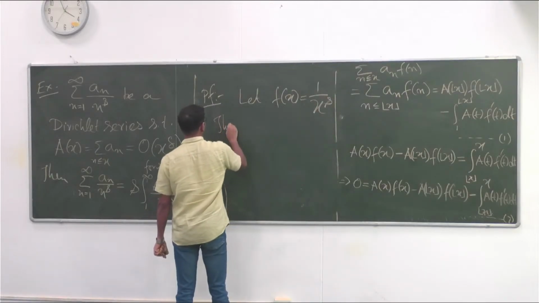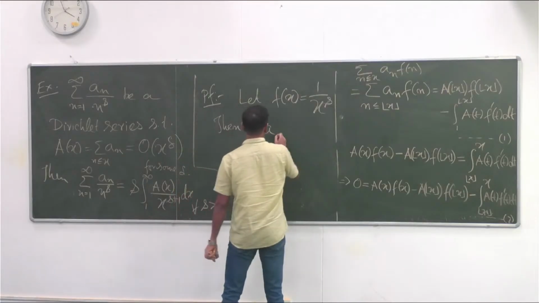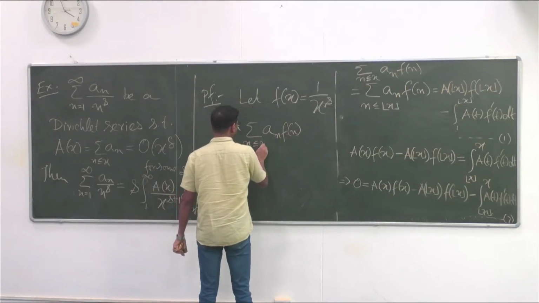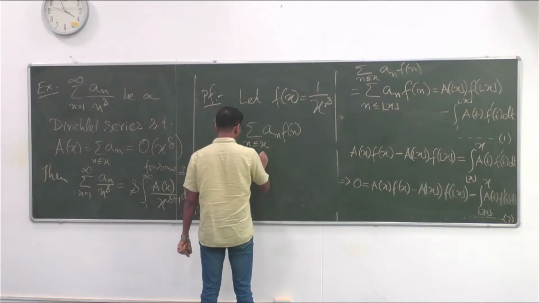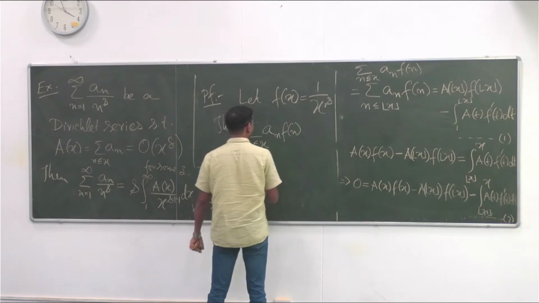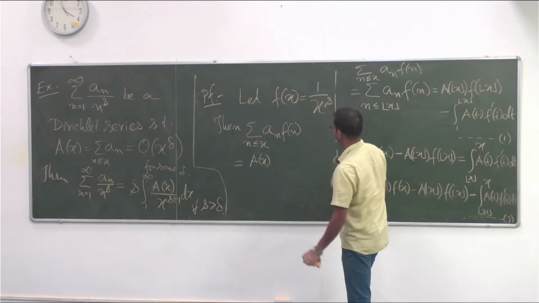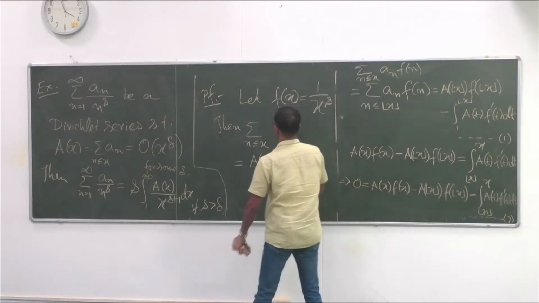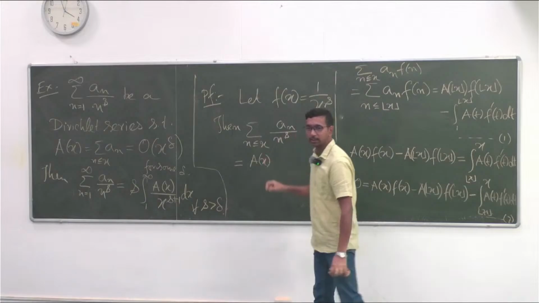Then the summation of a_n f(n), n less than or equal to x, is equal to what? We can write the definition of f: a_n by n to the power s, that is f(n), right?